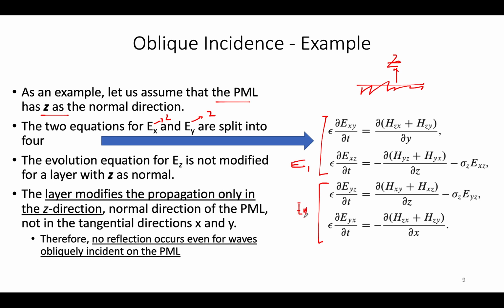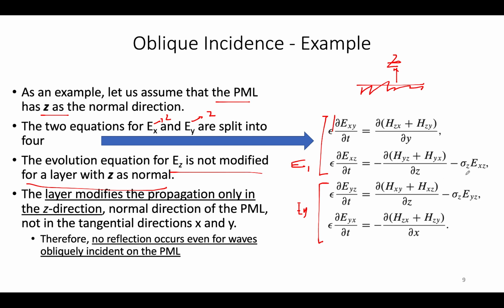An important point is that we don't have the z component, because Ez is not modified for the layer with z as the normal. We saw that the layer modifies the propagation only in the z direction, that is the normal direction of the PML, and not in the tangential direction. As you can see here, the tangential directions Ex and Ey are not affected.